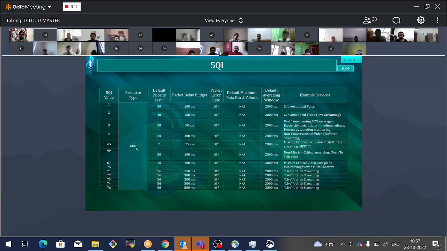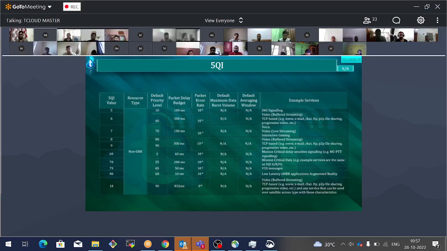When you put in auto mode, depending on the network conditions, your pixel rate will be changing. So the network will automatically be changing from 240 pixels to 360 pixels, maybe to 720 pixels or 1080 pixels when the resources are available. But when resources are not available, it might be dropping your pixel rate from 1080 to 720, and from there it will be dropping down to maybe 360 and so on. So that falls under the non-GBR category when you put it to auto.